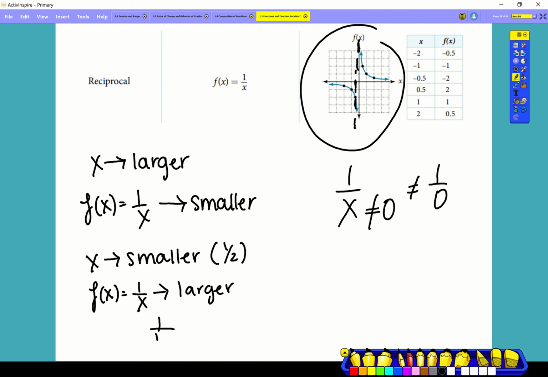For example, 1 over half equals 1 divided by 1 over 2. And of course, rules of dividing fractions: you keep the first one, flip the second, and multiply, so it's just going to equal 2. Notice it's large.